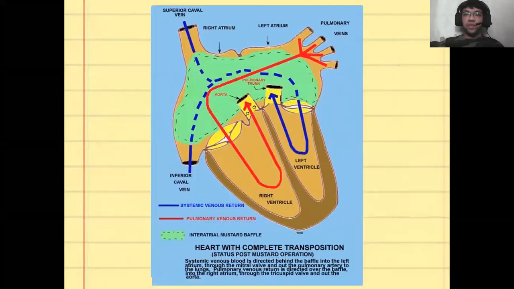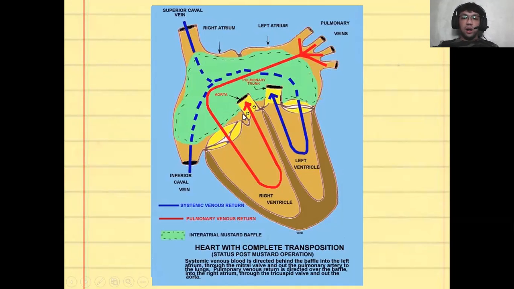But with this procedure, which is a palliative procedure, it is done in order to allow the blood to flow into the pulmonary trunk for oxygenation. This is the post Mustard operation.